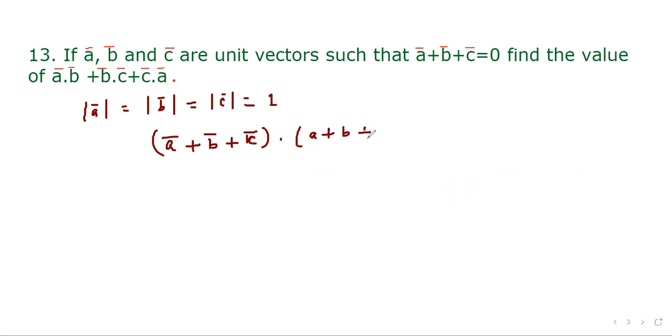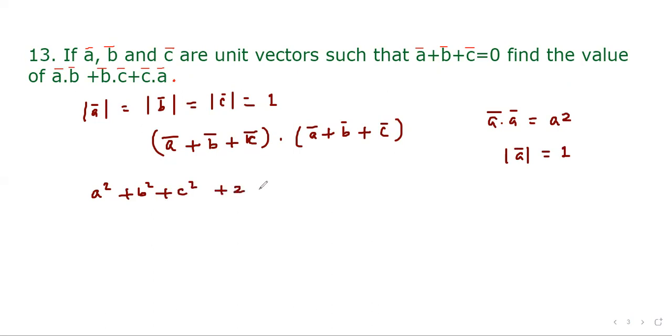A plus B plus C. Now, A dot A will give A square, and we know that modulus A is equal to unity, so A square will also be unity. So it will become A square plus B square plus C square plus twice of A dot B plus twice of B dot C plus twice of C dot A.